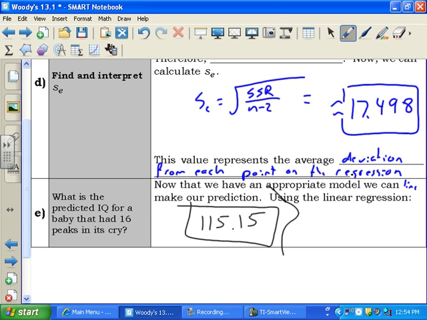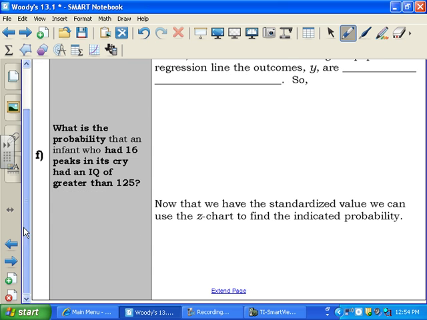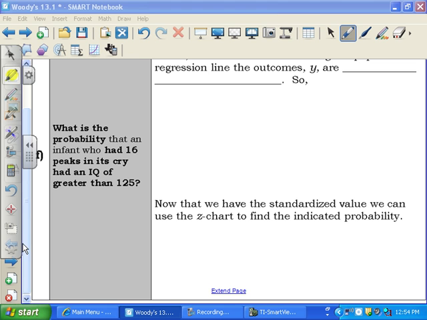So now we're going to answer this question: what is the probability that an infant who did have 16 peaks in his cry actually has an IQ greater than 125? Does that make sense? Do we see how we're now going to really apply this predictive modeling?